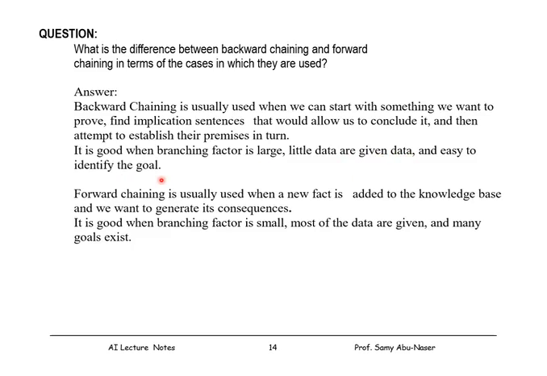This is very important. We said if the goals cannot be identified easily, we cannot use backward chaining. So when do we use backward chaining? When the branching factor is large, few facts are given, and the goal is easy to identify. But in terms of forward chaining, forward chaining is usually used when a new fact is added to the knowledge base and we want to generate its consequences.